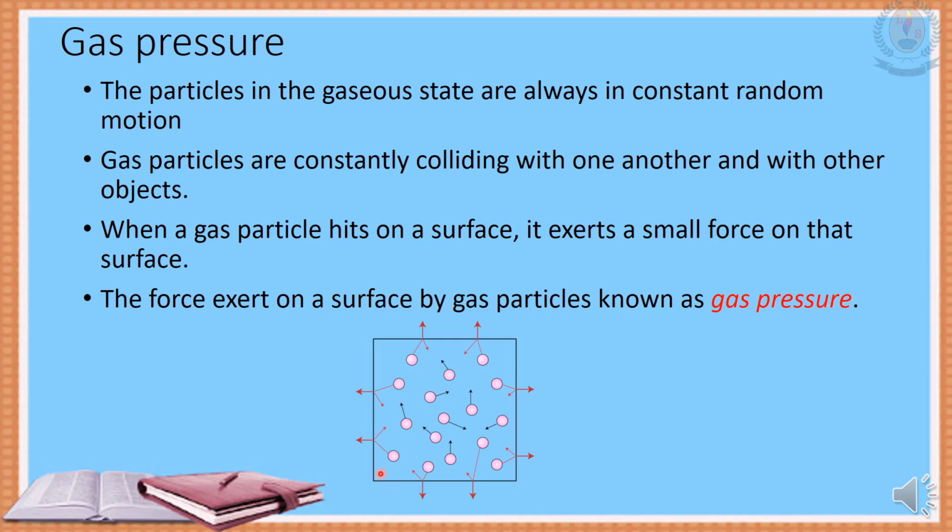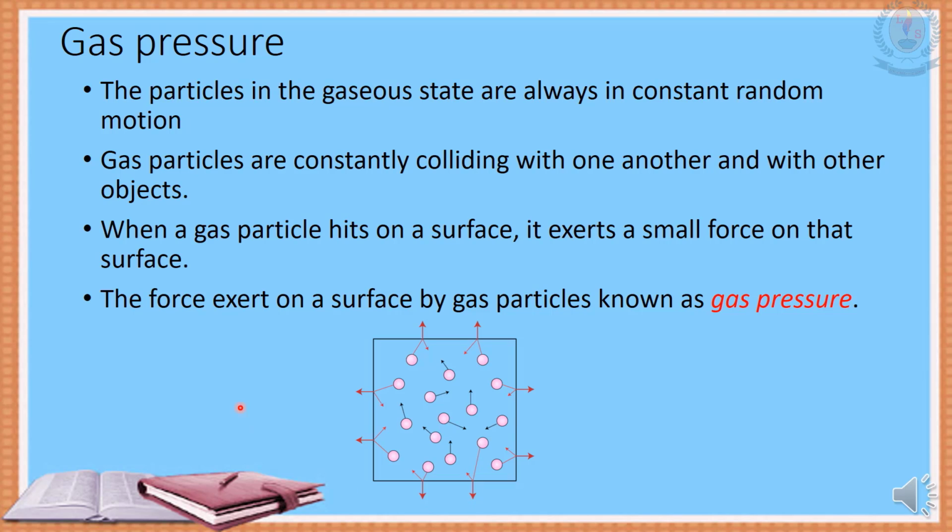When a particle hits the surface, a small force is exerted on the wall. Now you can see this particle hit the wall and return. At the time of hitting the wall, there will be a force exerted on the wall, right?